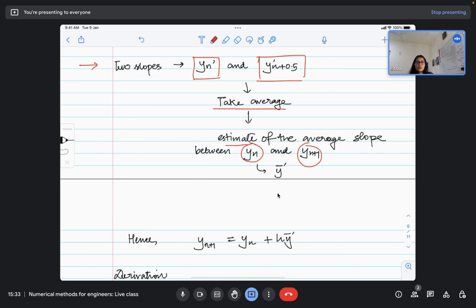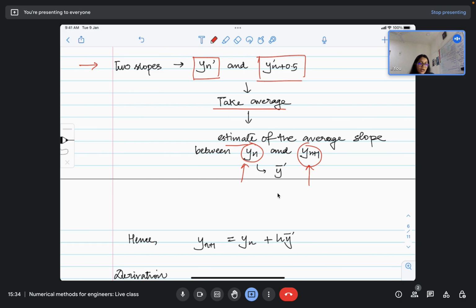We are trying to find out the value of yn plus 1 at tn plus 1. So for our further derivation, let's take the average of these two slopes as y bar dash.